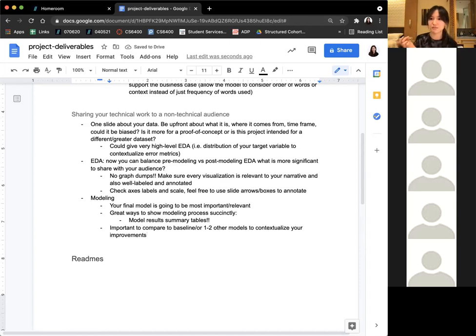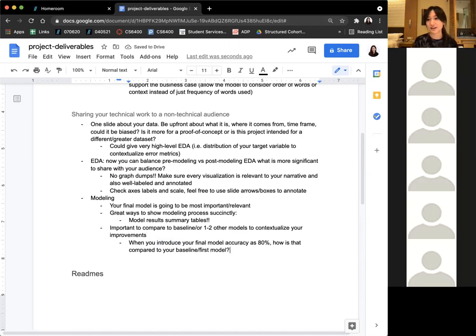So maybe when you're presenting your final results and you introduce your final model accuracy as 80%, how is that compared to your baseline or first model?